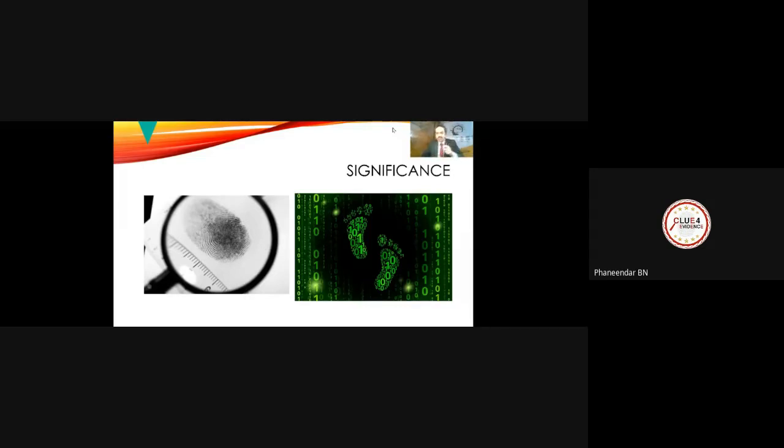Once you post anything on your social media, even though you want to delete it, even though you feel you have deleted it, that information is not permanently deleted from all the sources. Once created, the data remains somewhere or the other in electronic format. So that is the significance of digital data, and so the scope of investigation is very, very vast.